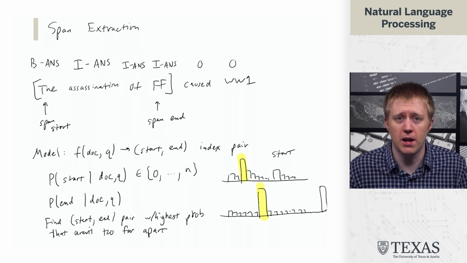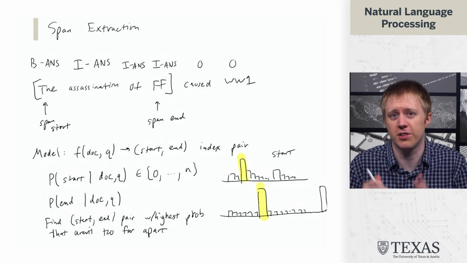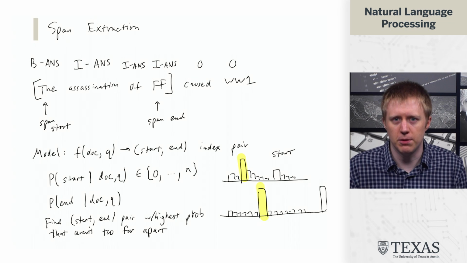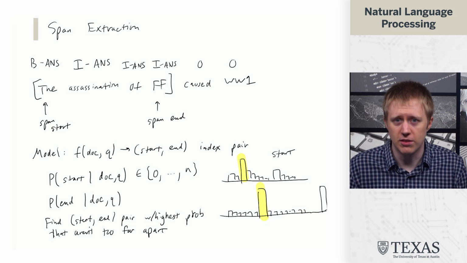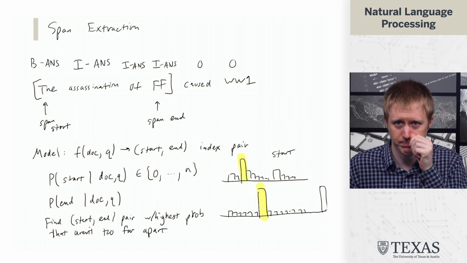So even though we're modeling these distributions semi-independently, and this is not really correct, we should be placing distributions over all spans in the document. But because there's a quadratic number of spans, that gets to be intractable. So we approximate that essentially as two distributions each over indices, and then we have to put those together at the end to get the final answer.